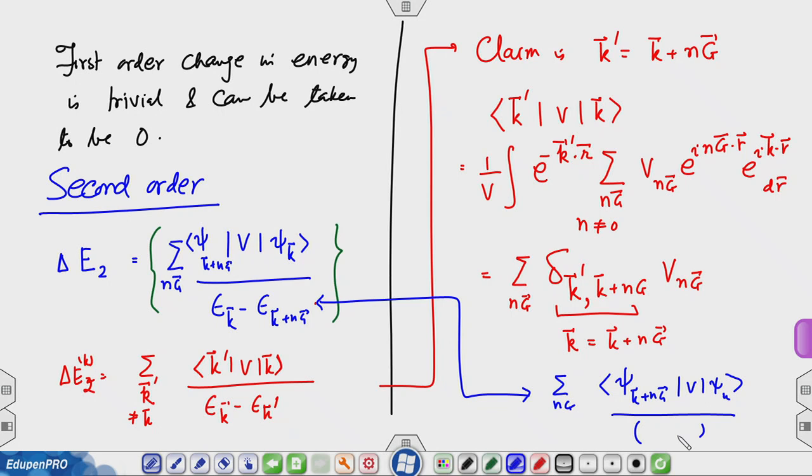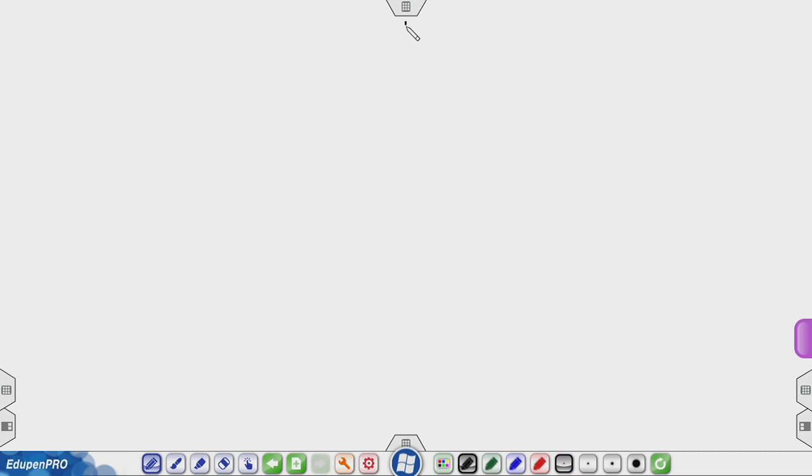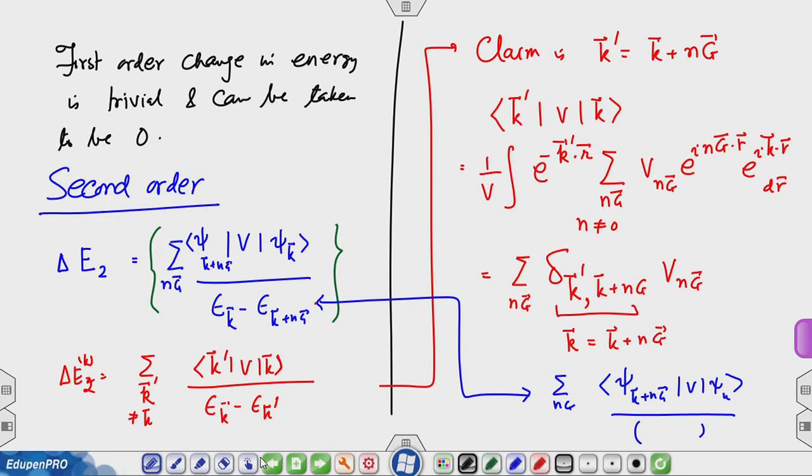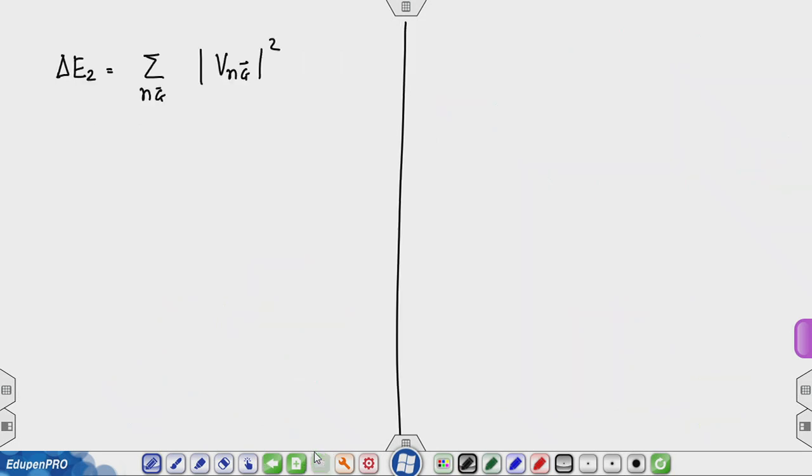And this you have seen is V n g, and therefore I can write delta E 2 is equal to summation n g, mod V n g square. Let me see if I wrote a mod square there, or I had not written a mod square. Correct that, please. Divided by E k minus E k plus n g. This is for kth state.